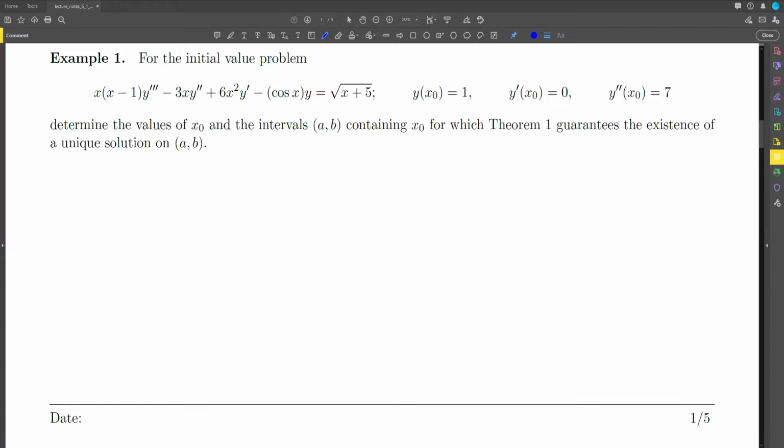So our first step is we want to write this initial value problem in the standard form, which means that we have to divide by the leading coefficient here.